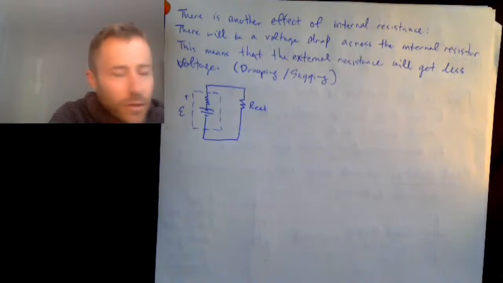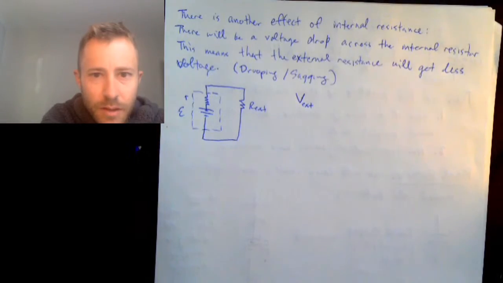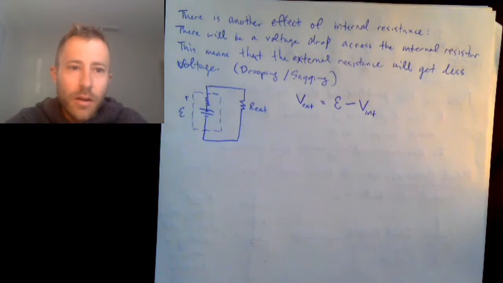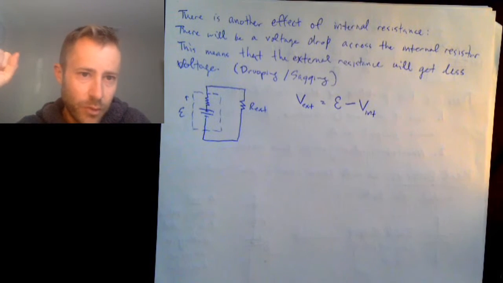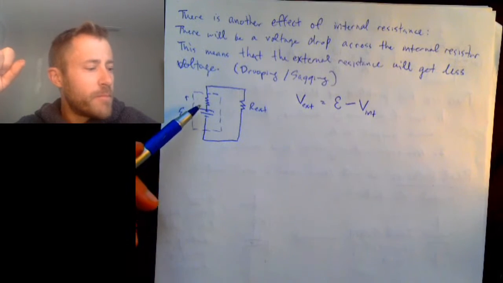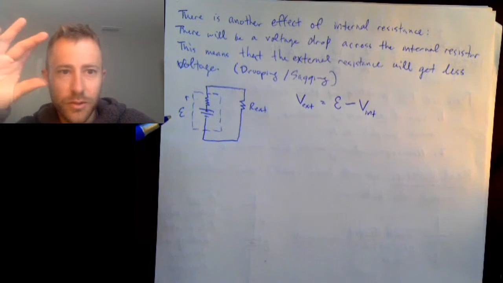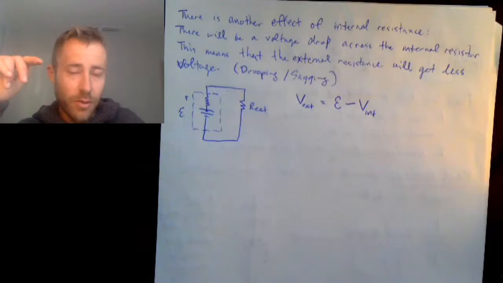So the voltage that the external resistance gets is going to be the EMF minus the voltage drop across the internal resistor. So this internal resistor eats up some of the voltage that the EMF provides. By the way, this circuit is essentially a voltage divider, because it's two resistors in series and a battery. So this is expressing the voltage divider equation.